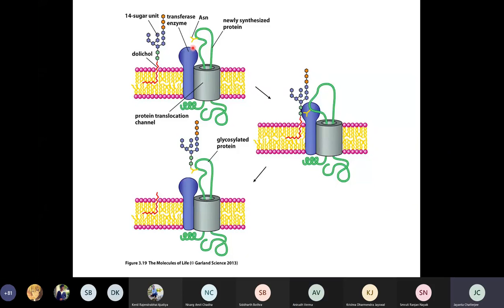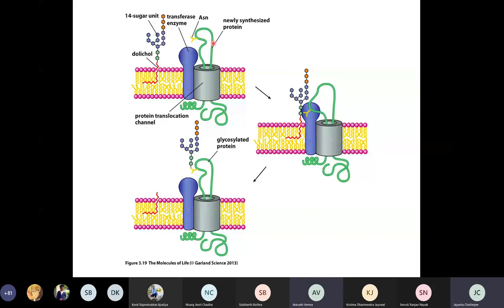That's how it essentially differs. But one thing I forgot to tell you is that not any asparagine undergoes glycosylation. There is a specific recognition sequence: if I'm not wrong, asparagine, X, and serine or threonine. You have to have an asparagine, followed by any amino acid, and after that a serine or threonine. Only then can asparagine get glycosylated.